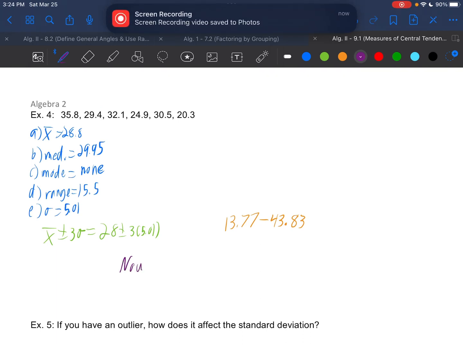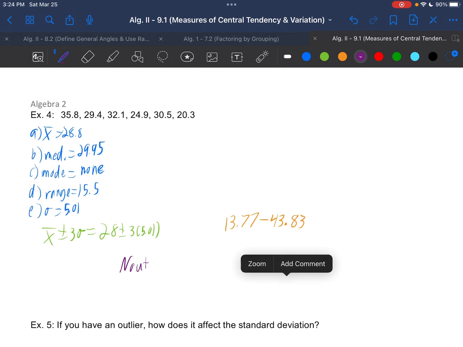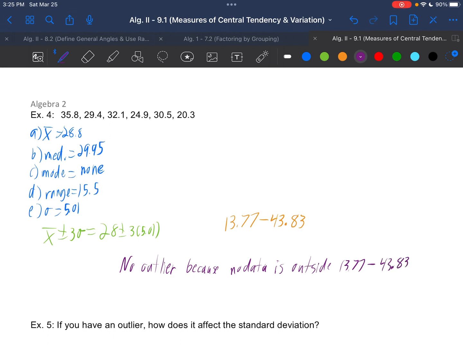So we say there's no outlier here, because no data is outside 13.77 to 43.83, or you could say is less than 13.77 or greater than 43.83.